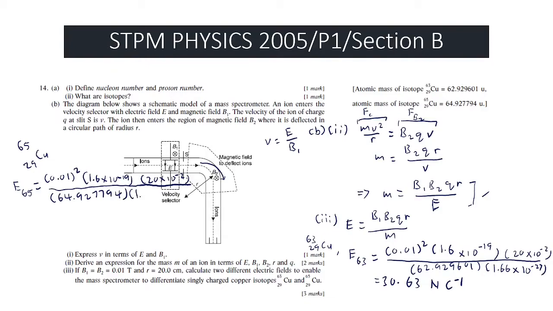Again, convert to kg. I get 49.7 Newton per Coulomb. So yeah, this is the answer for B3.